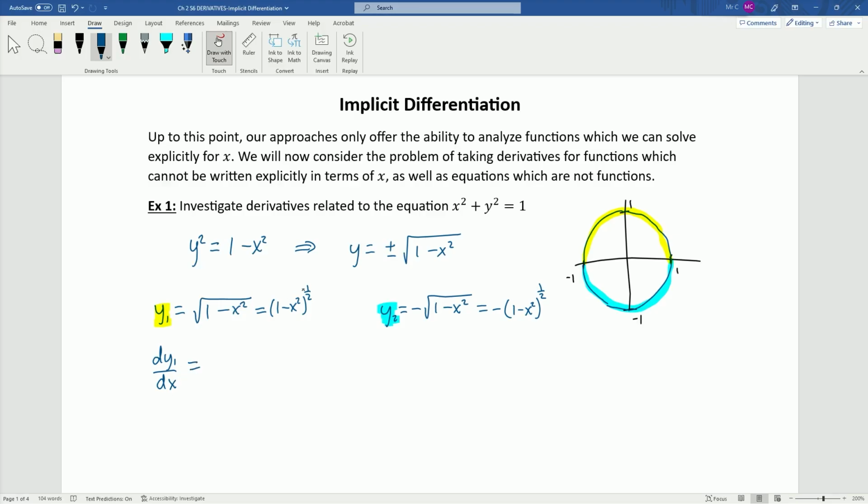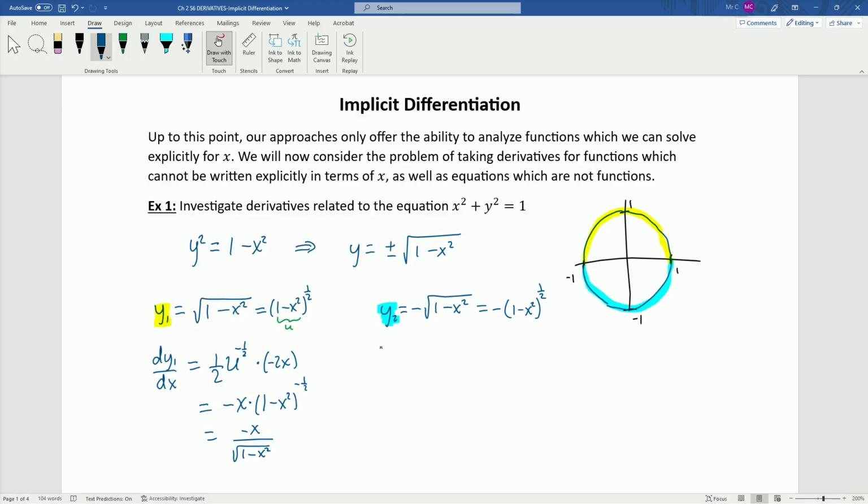I'm not going to write out all of my chain rule explicitly, but remember this is like my u, so I get the derivative with respect to u, which is 1/2 u to the negative 1/2 power, times the derivative of u, which is negative 2x. So the 2's cancel, and I'm left with negative x times (1 minus x squared) to the negative 1/2. This is negative x over the square root of 1 minus x squared.